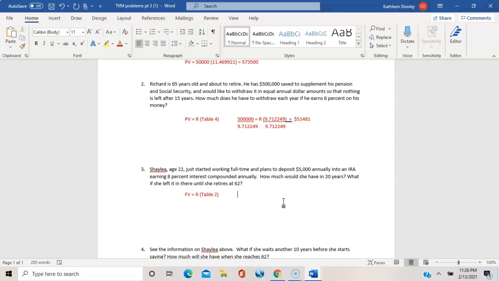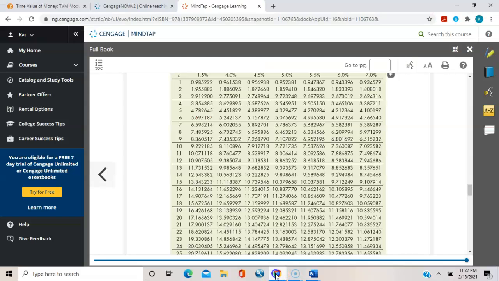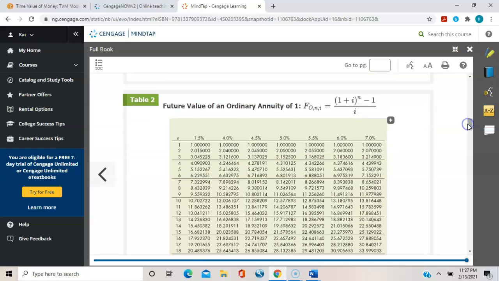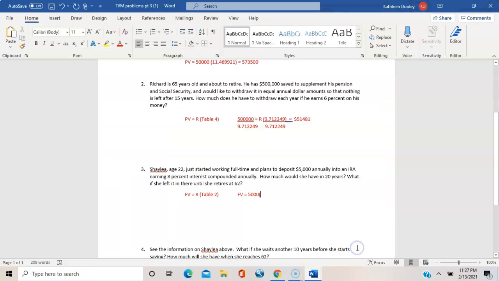Okay, so our future value equals our rents, which is 5,000 times table 2. So we have to go back to table 2. Here's table 2. And get the interest.